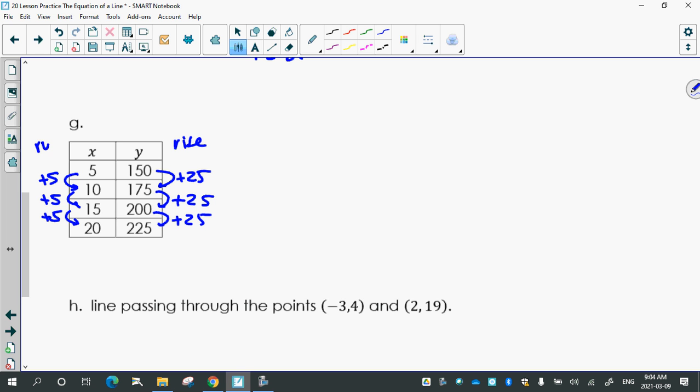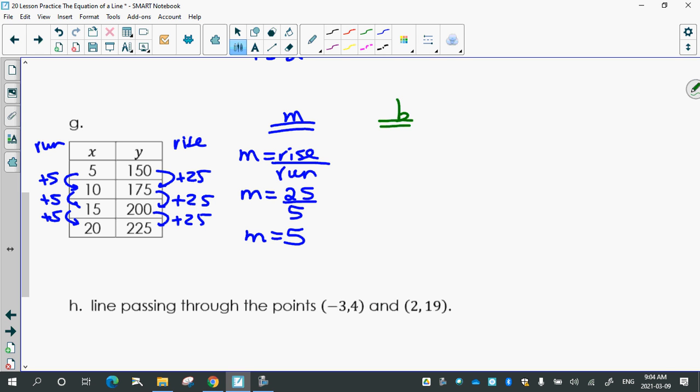Hands up if you got m equals 5. Yes. Okay.